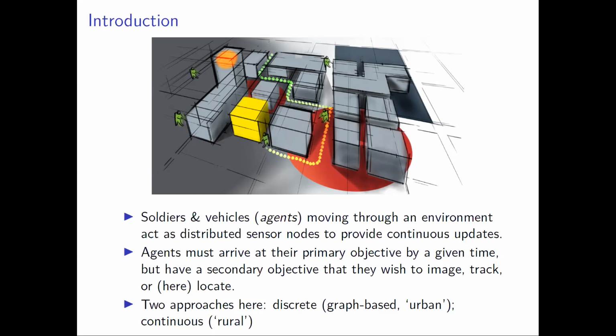Then they are going to be constrained to moving along corridors or possibly the street plan of a city. And that to us seemed very much like they are moving along the edges of a graph. So we thought that one approach would be to think of this from a discrete perspective and view it as some kind of graph search problem. And we'll talk about that in the first half of the talk.